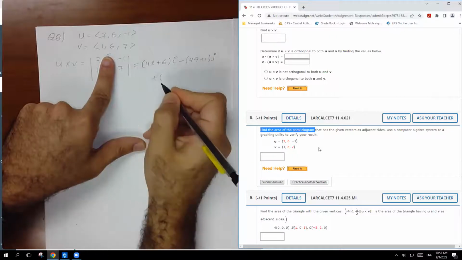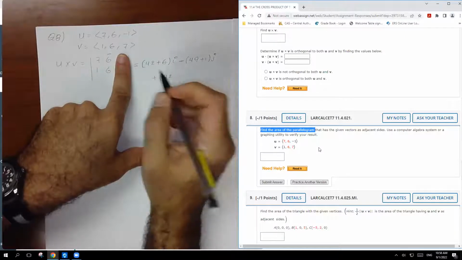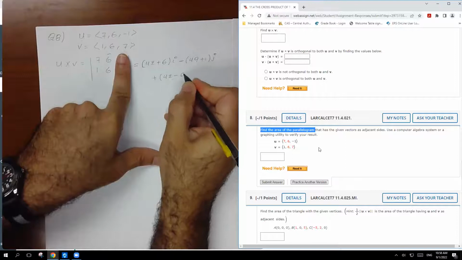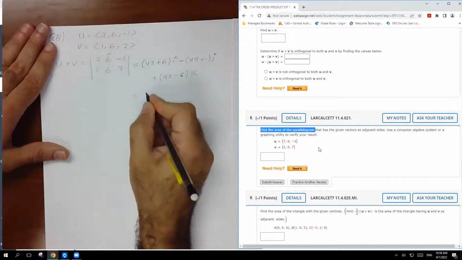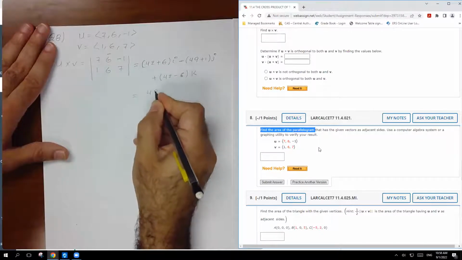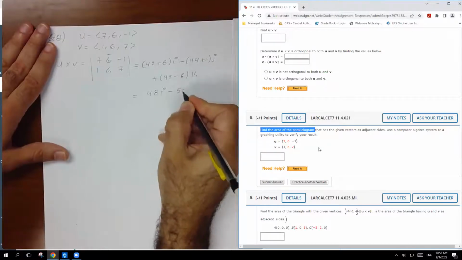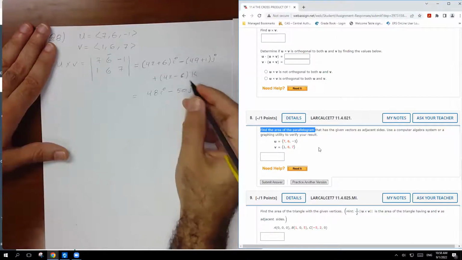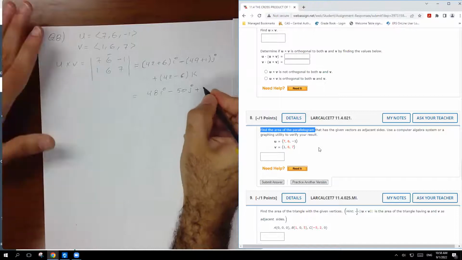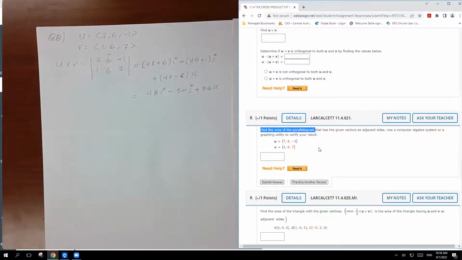Plus for the K is going to be 42 minus 6 for the K. So this one is going to be 48 I minus 50 J plus 42 minus 6, which is 36 K. Okay. So this is the cross product between these two vectors.